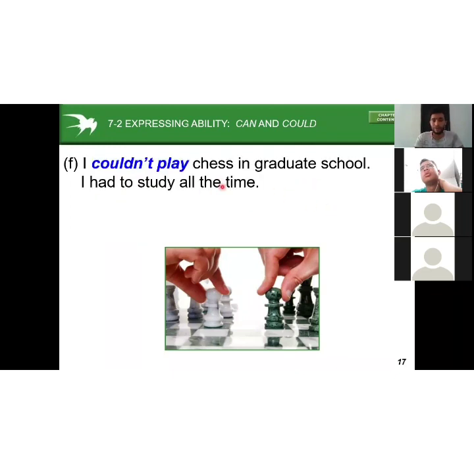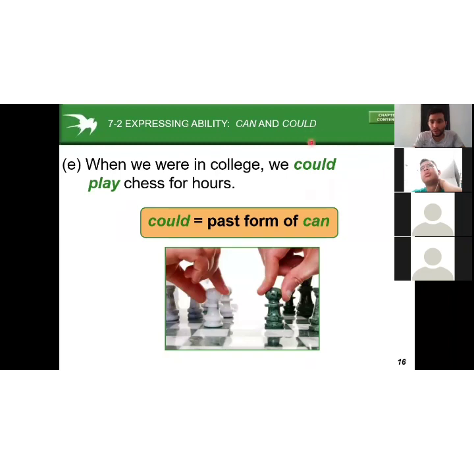So take a look at this part. I couldn't play chess in graduate school. I had to study all the time. This example is the negative of the previous one using couldn't. You have two forms, could not and couldn't, the contracted form. I told you that could was ability in the past.